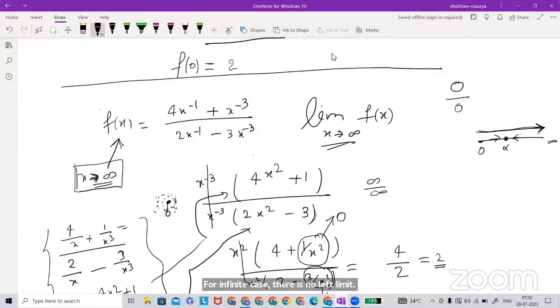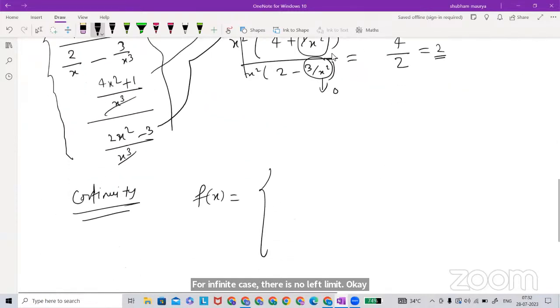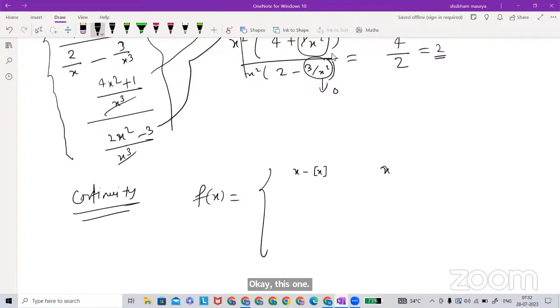Okay, sir. So let me write an example. Let me write a function which is x minus something when x is less than 0, and x minus something when x is greater than or equal to 0.